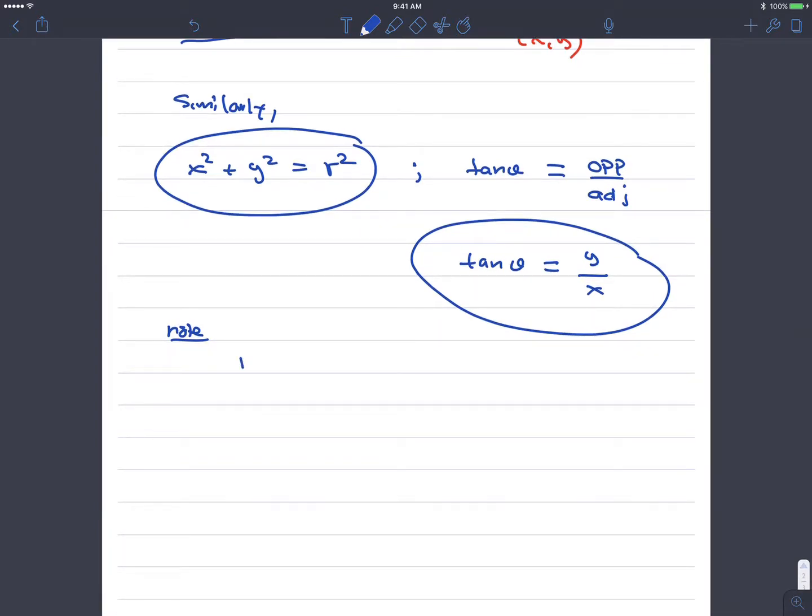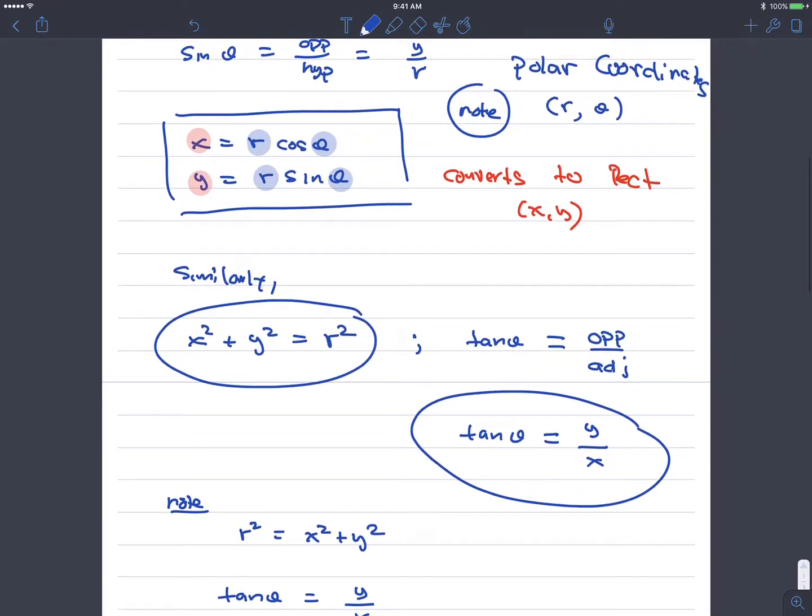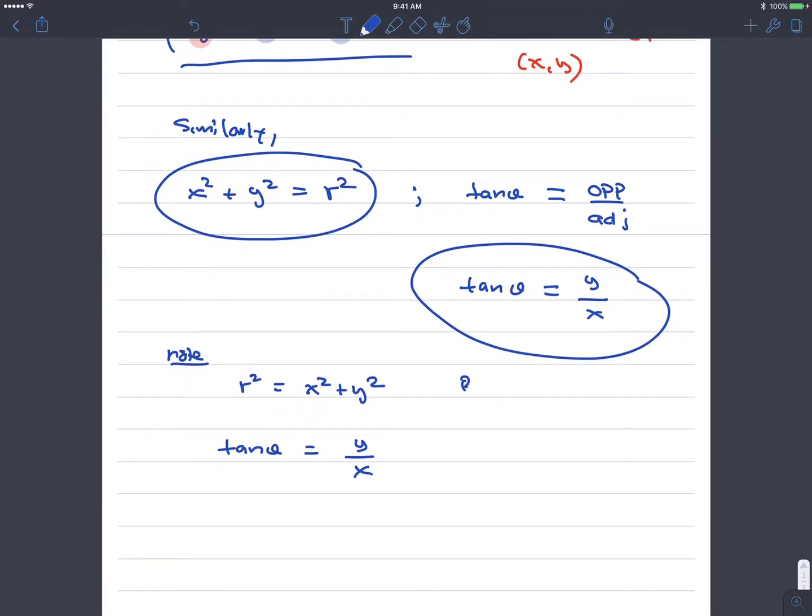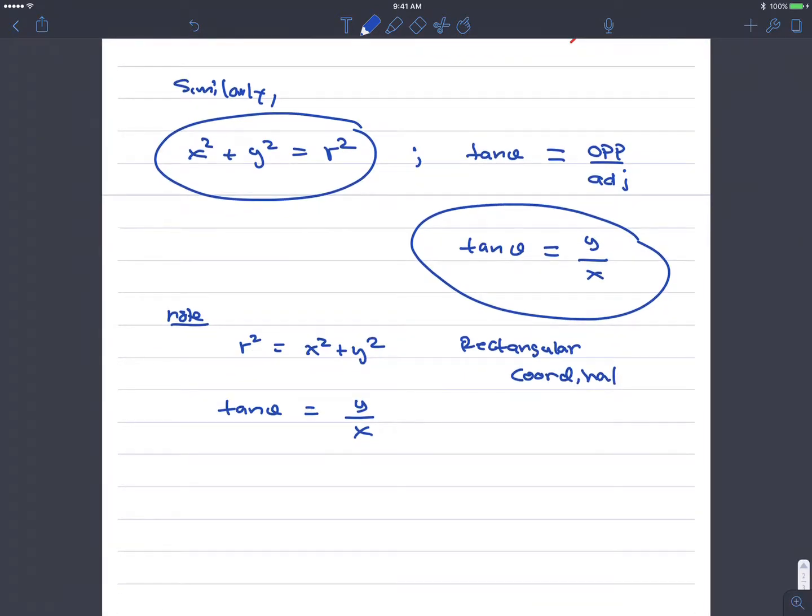I have r squared equal to x squared plus y squared. I have tangent theta equal to y over x. Okay? If you give me rectangular coordinates, this is what I'm saying.